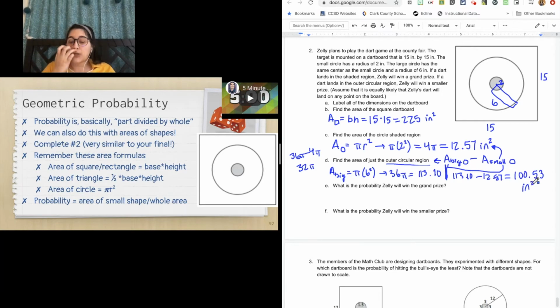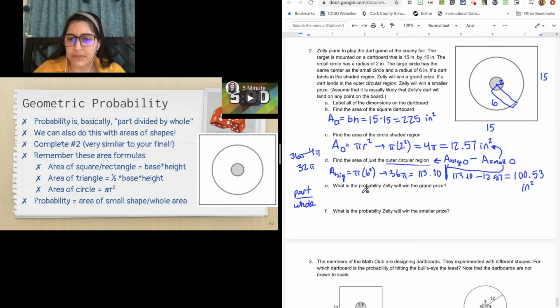All right, so now that we've done the area part, we have to do the probability part. So the probability is still part divided by whole.